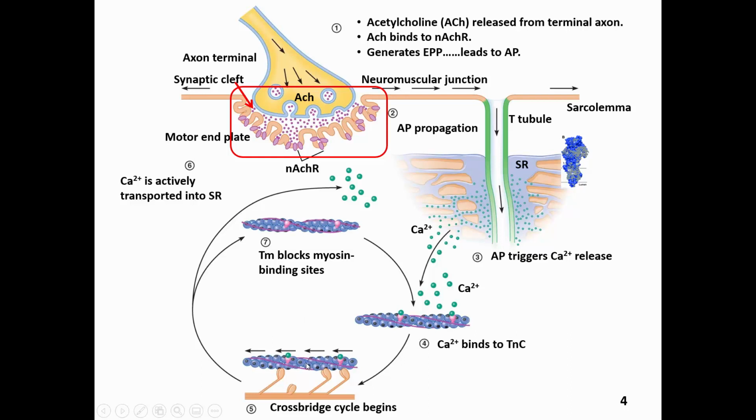To do that, calcium has to be actively transported into the sarcoplasmic reticulum. The reason it has to be actively transported is that calcium, even though it is released, is still in higher concentrations in the sarcoplasmic reticulum than it is in the cytoplasm.